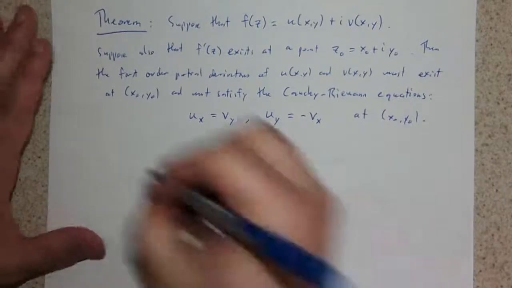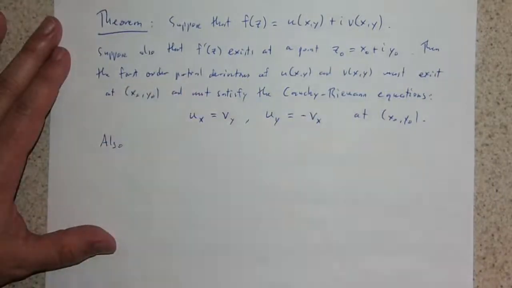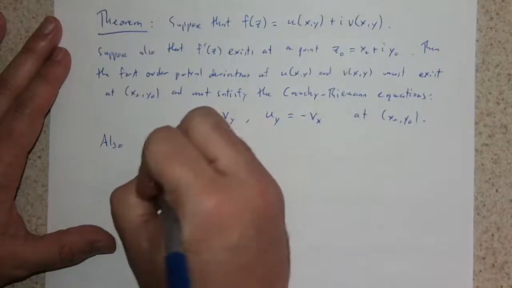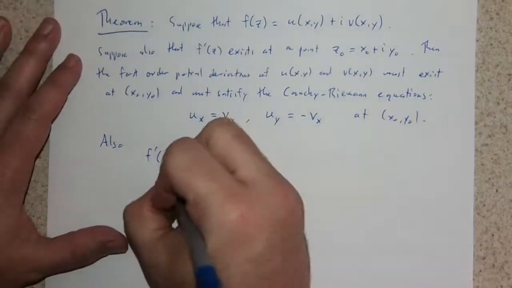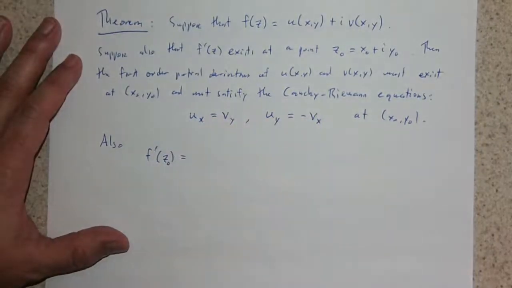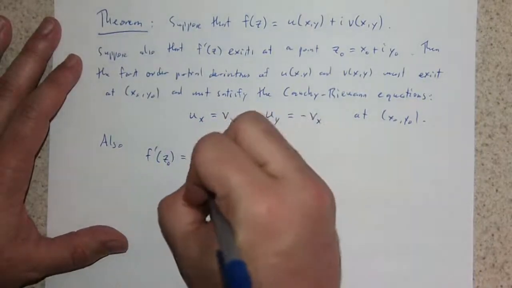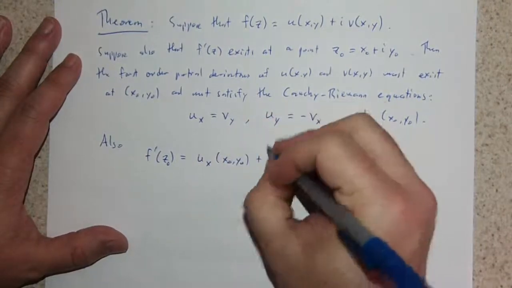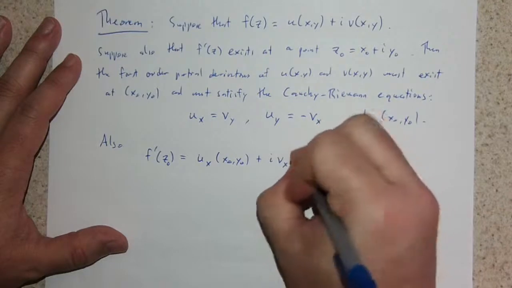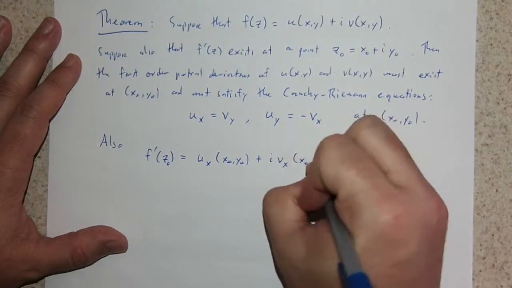Also, f prime of z naught can be written as u sub x at x naught, y naught, plus i times v sub x at x naught, y naught. That's the x partial here.